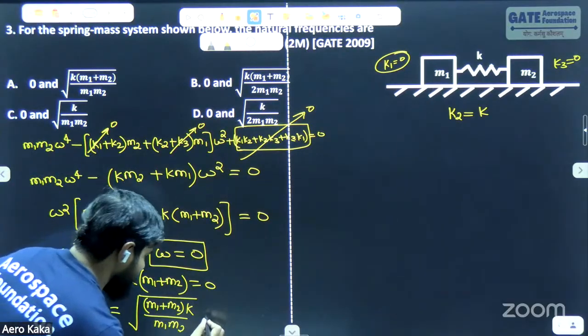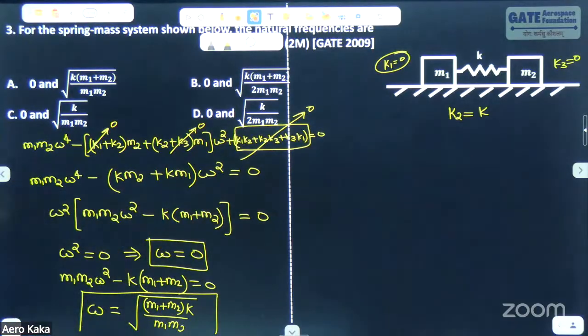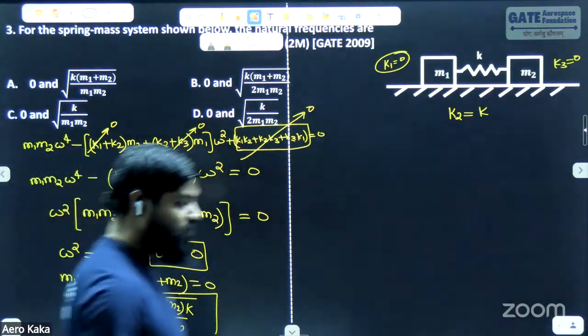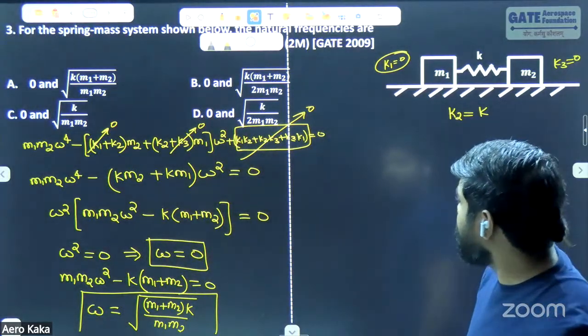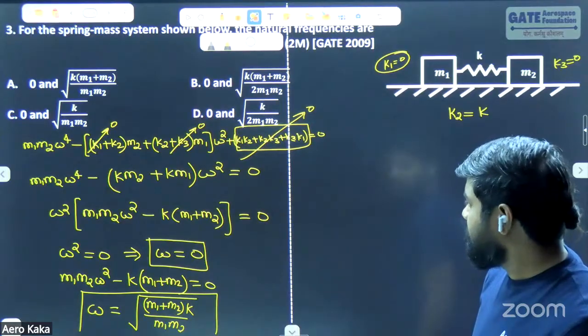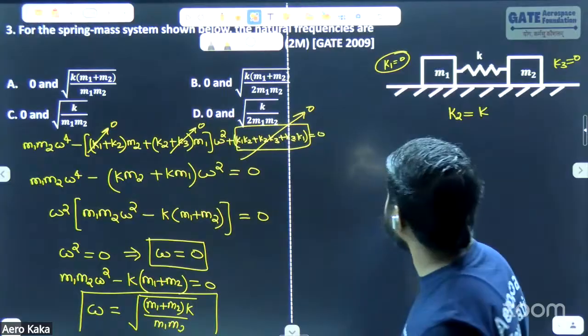Are you getting this one? Omega is equal to root of k (m1 plus m2) divided by m1 m2. Any option given? Yes, the first one. And what is the answer?